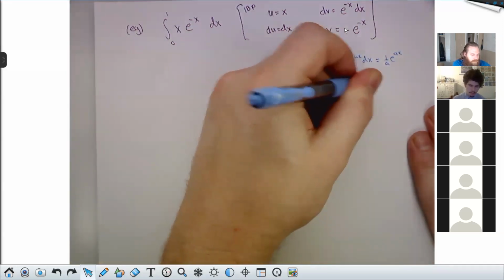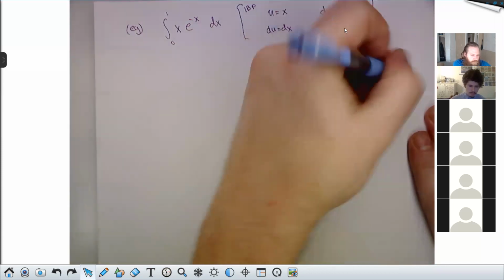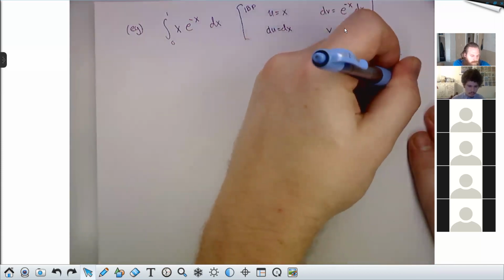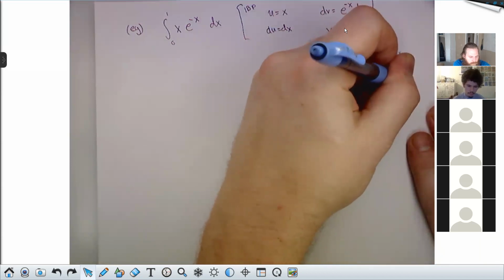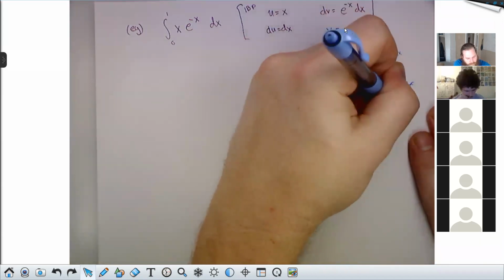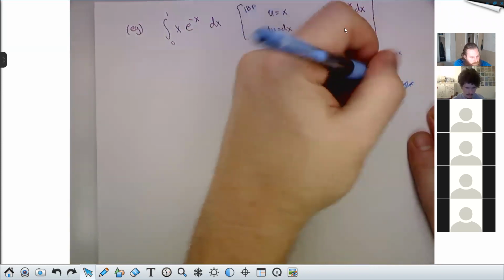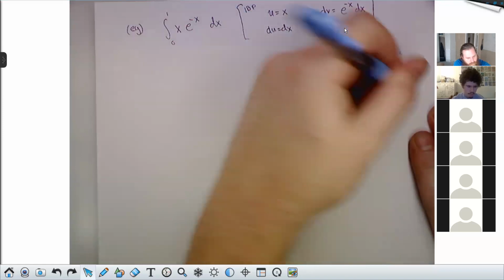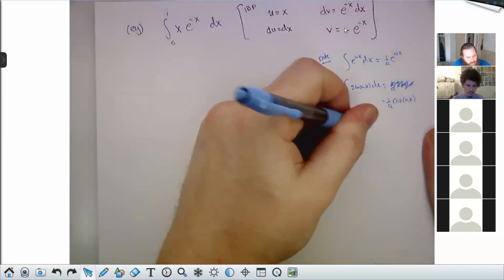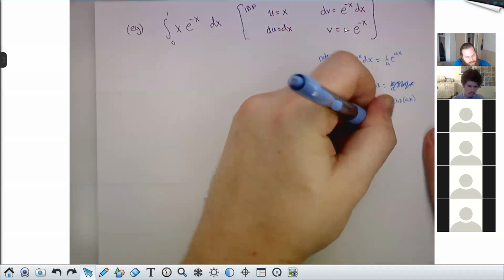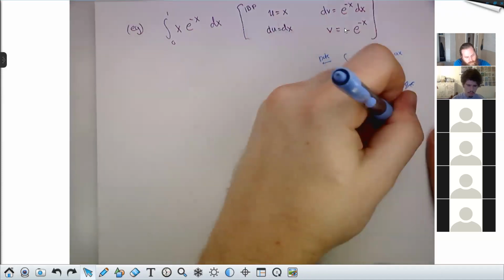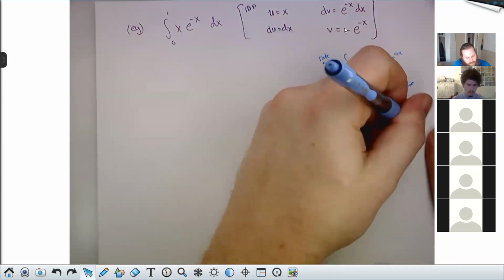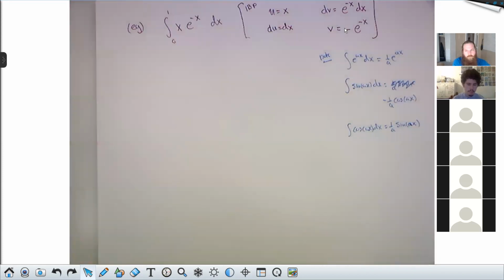Sine ax dx, this is always negative 1 over a cos ax, and integral cos ax dx is always 1 over a sine ax. I'm leaving off the plus c's. Just basic antiderivative stuff, micro u subs that you need to be able to do quickly.